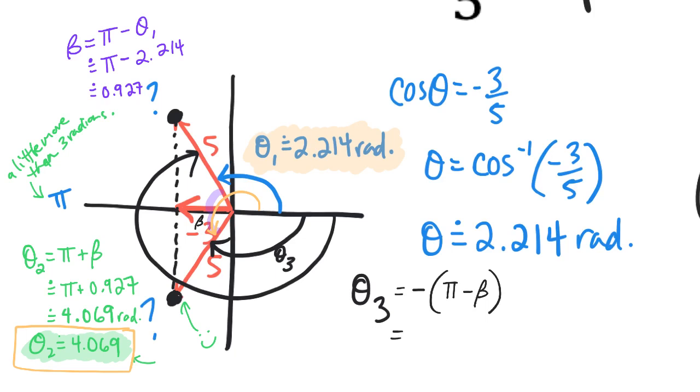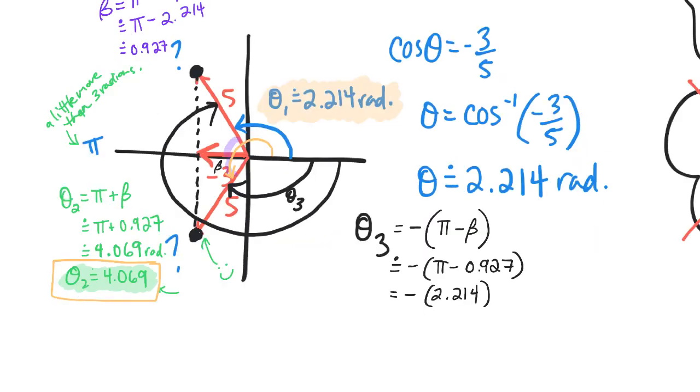So pi minus the related acute angle, we actually calculated that before. Oh, no, we didn't. We're good, actually. So we have pi minus 0.927 approximately, which gives us negative 2.214 radians, which I can write without the brackets now that I can kind of work with that. So that's theta 3.